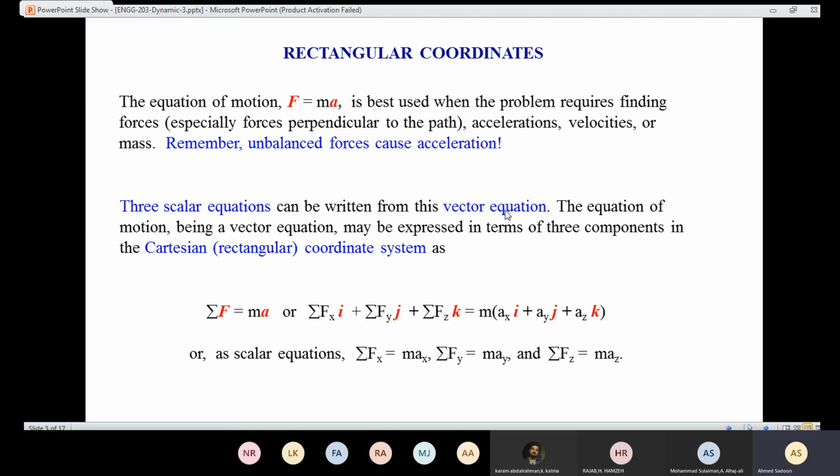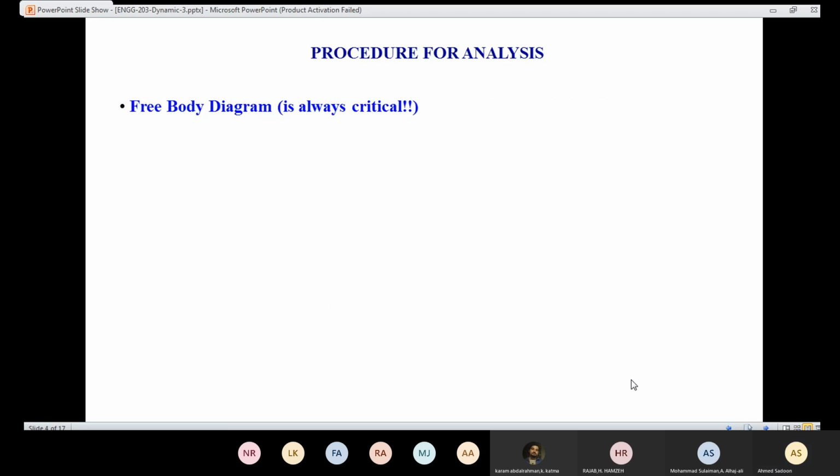So I can use the vector equation to write three scalar equations. And in order to use the equation of motion in rectangular coordinates, we are going to use the scalar equations.